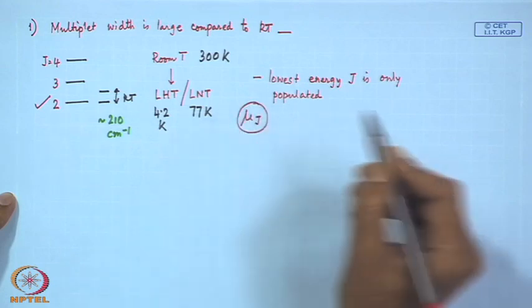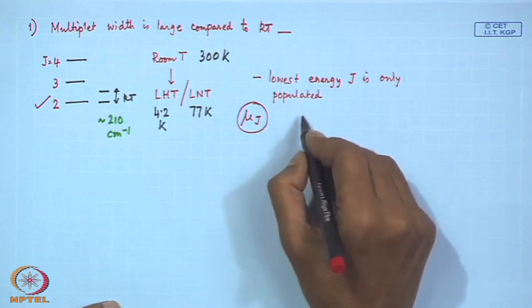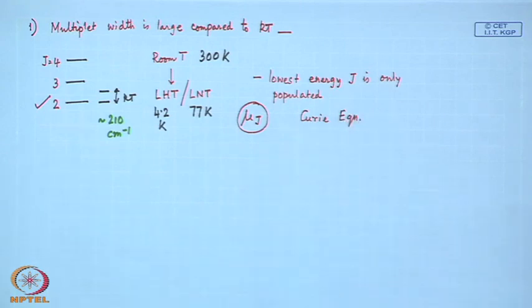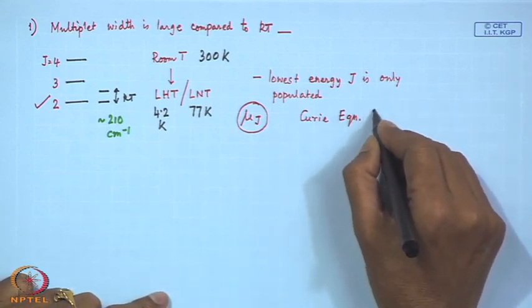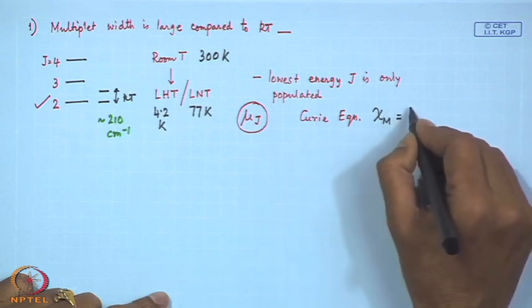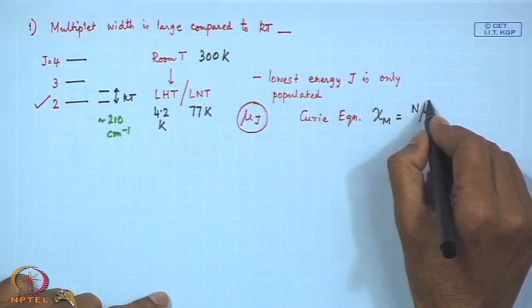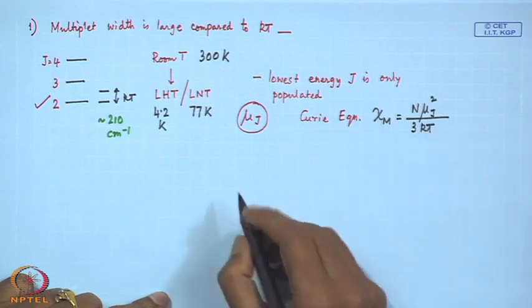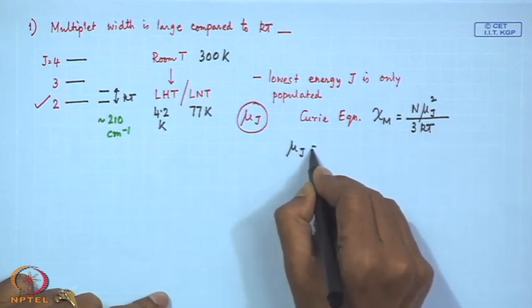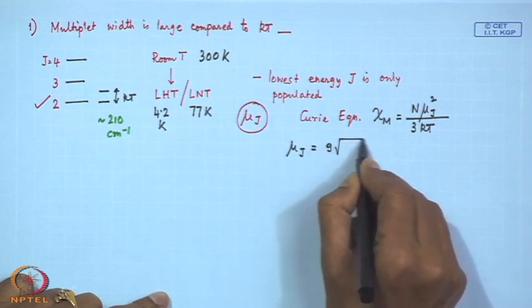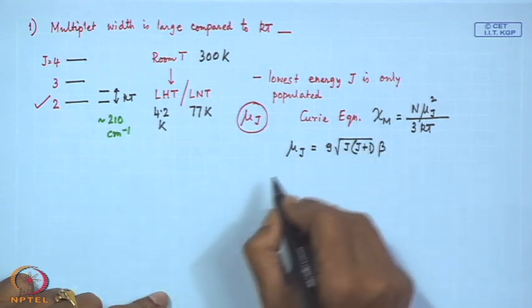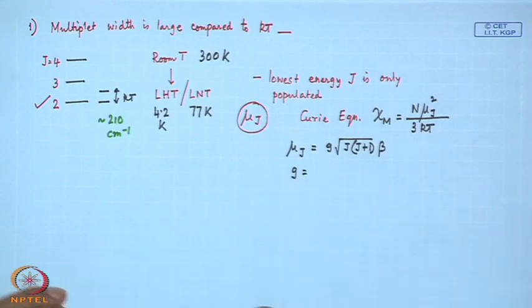So, we can find the magnetic moment in terms of the mu J value, and now the Curie equation will take the form chi m equal to N mu J square divided by 3kT, where mu J is equal to g into square root of J into J plus 1 into beta, where g is the gyromagnetic ratio.